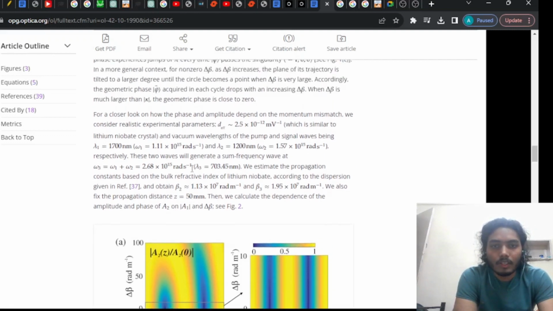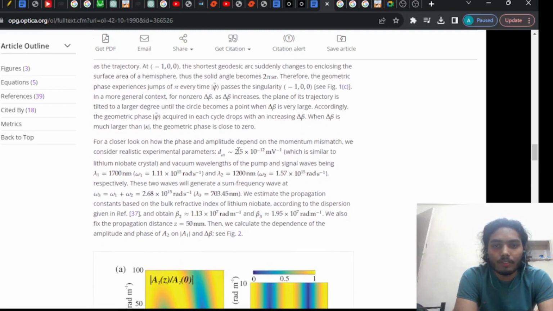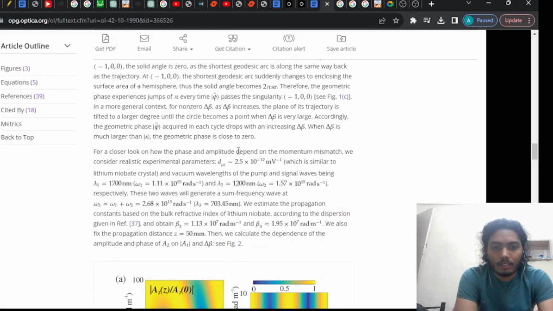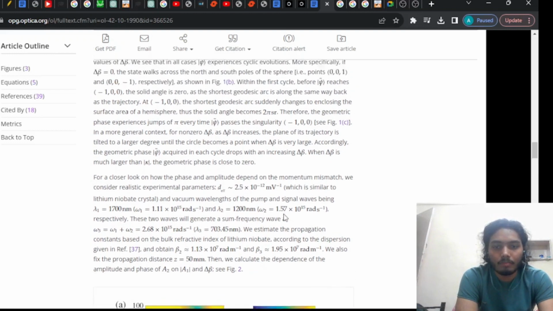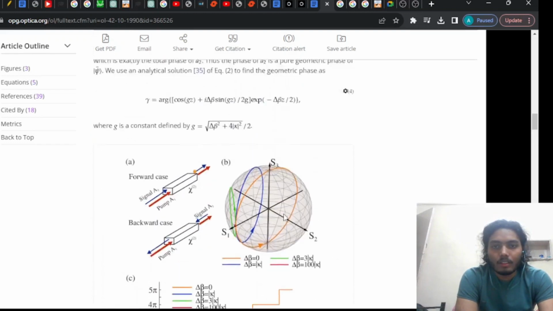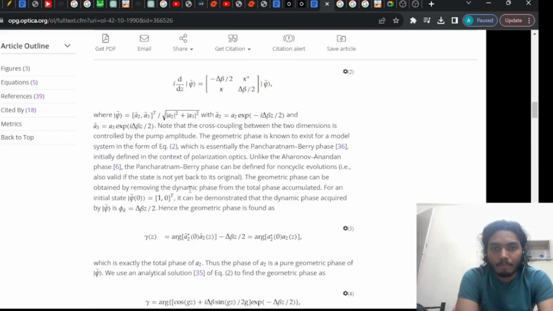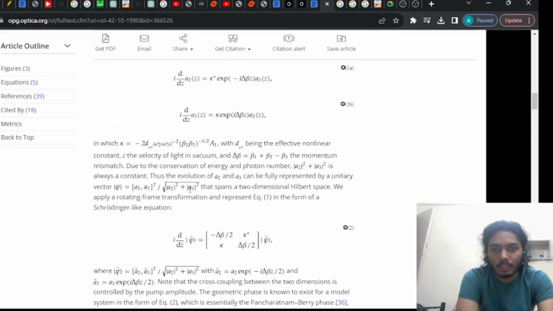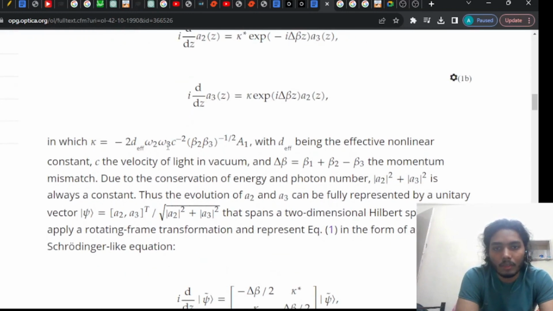So if we put these values, d effective and beta 2, beta 3, then kappa is given by the expression minus 2 d effective omega 2 omega 3 A1 by c square root of beta 2 beta 3. We know beta 2, beta 3, omega 2, omega 3, and d effective for lithium niobate.